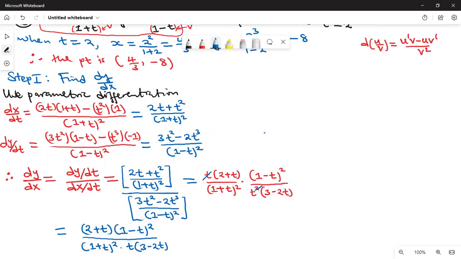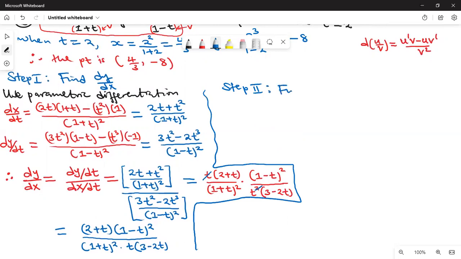Step 2. We need to find m1 and m2. Look at the point of contact.